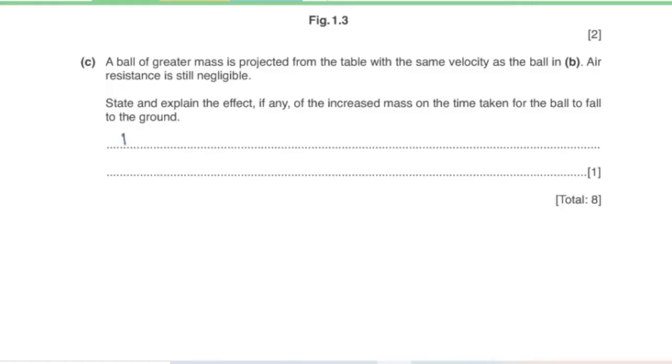So we are going to write that there is going to be no change in the time interval to reach point B from point A due to constant acceleration. And this kind of acceleration is also called acceleration due to free fall, and that is all due to gravity.